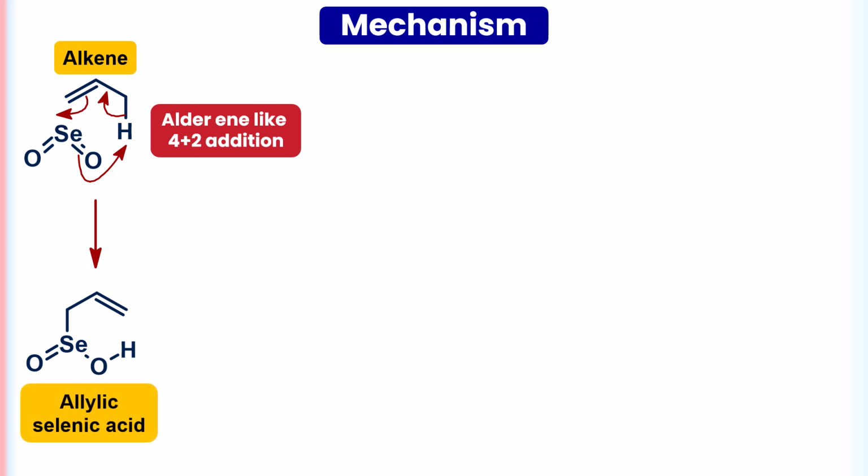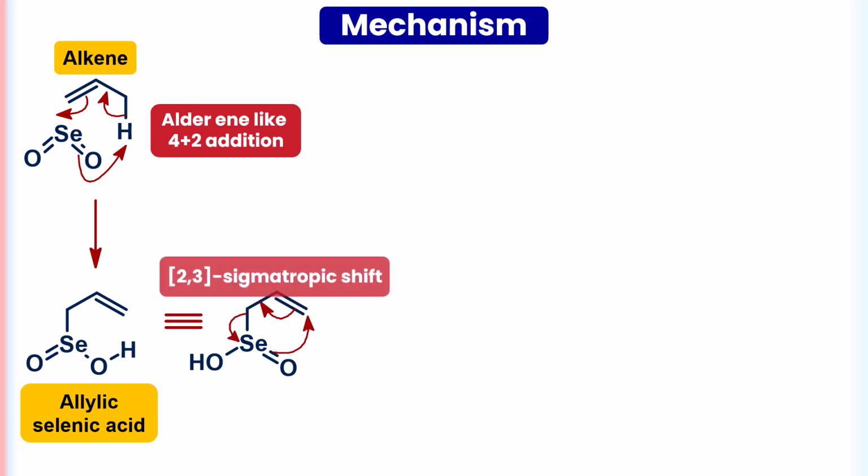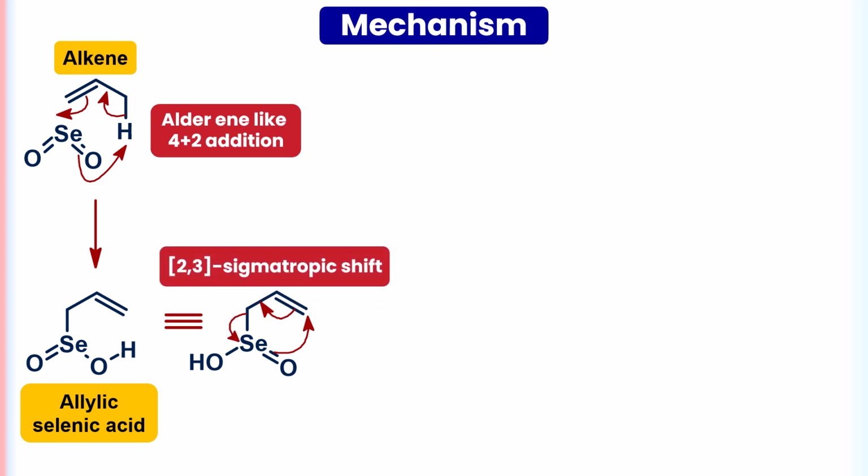This intermediate then undergoes a 2,3 sigmatropic rearrangement, forming a new selenium containing intermediate. This intermediate may undergo either hydrolysis or decomposition.